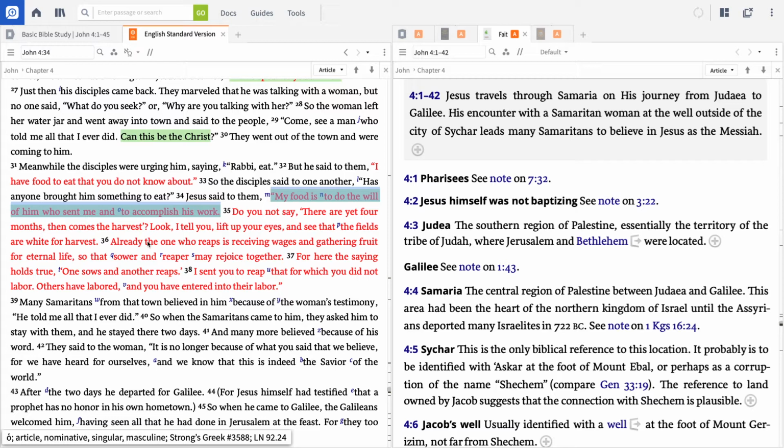For here the saying holds true: one sows, another reaps. I sent you to reap that for which you did not labor. Others have labored, and you have entered into their labor." I think this saying here is probably something we will want to look into.